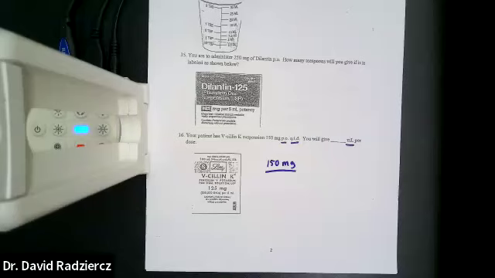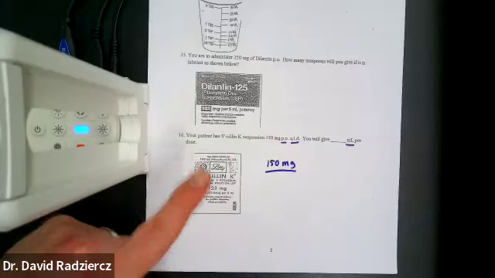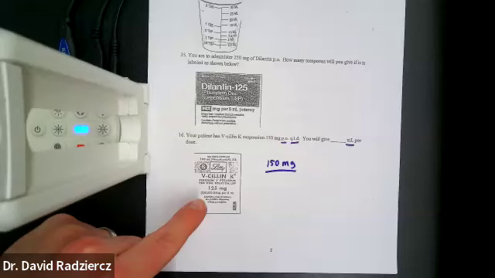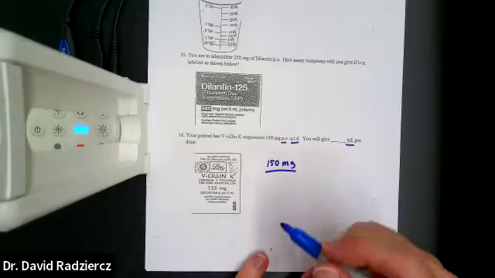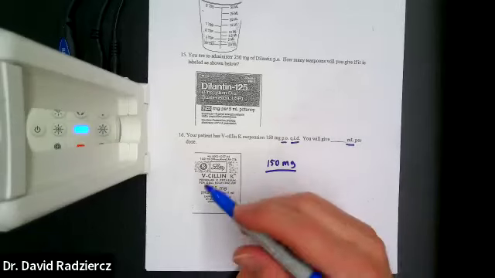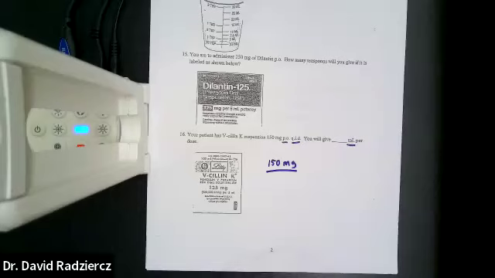And all you need to know about that is if the V-Silin K suspension was ordered, like let's say they ordered 300,000 units, then you would use the 200,000 units in the parentheses. So you don't need to use that because it doesn't give it to you. So you could just ignore it, okay? Don't multiply anything. The parentheses in this context on the label just means it's the alternative unit of measurement for that particular medication.